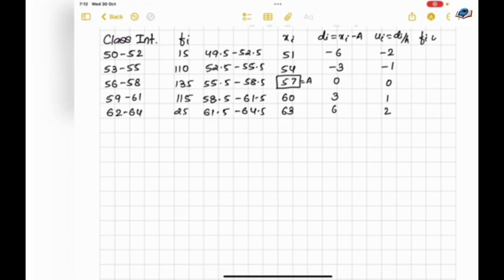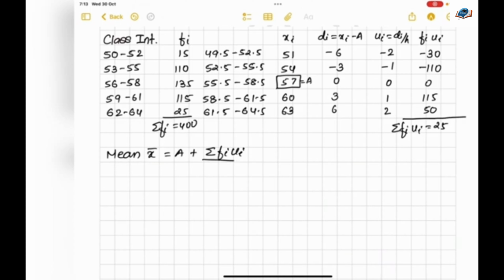Now fi ui, this will be minus 30, minus 110, 0, 115, and 50. So sigma fi ui, the total is coming as 25, and sigma fi total is 400. Now, mean x bar will be a plus sigma fi ui upon sigma fi into h.